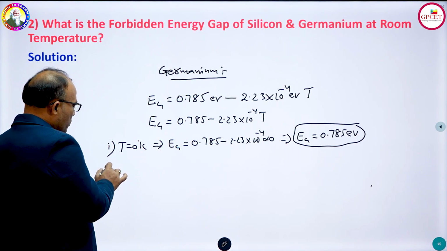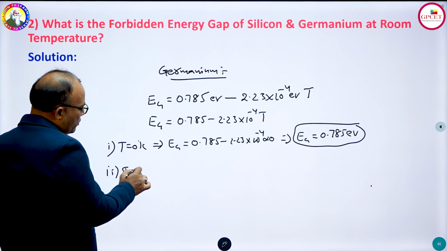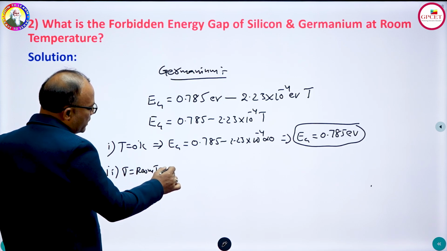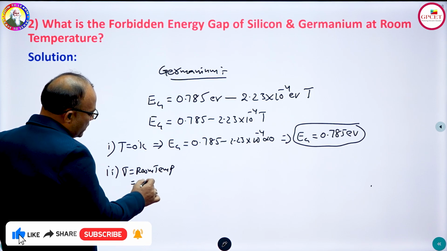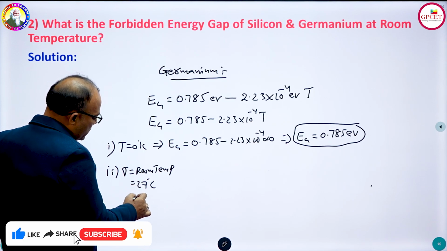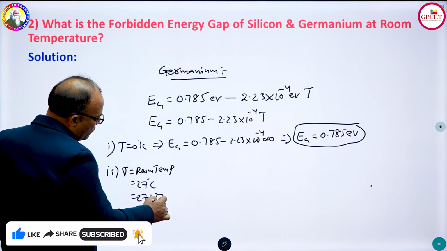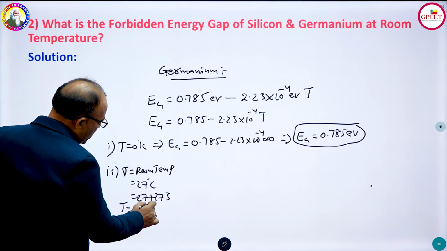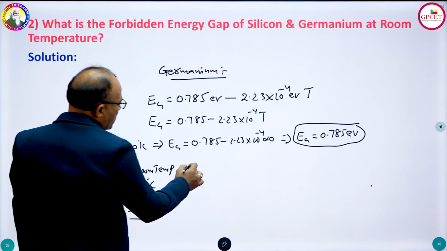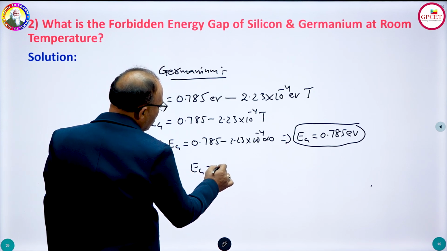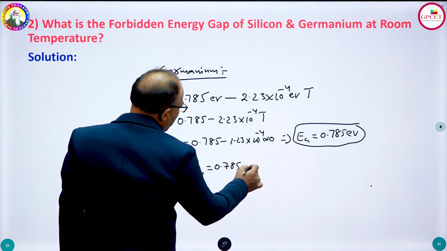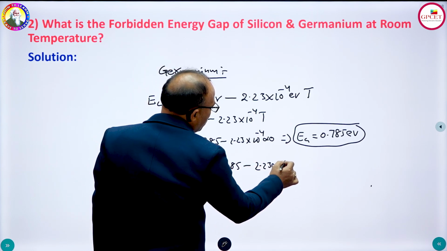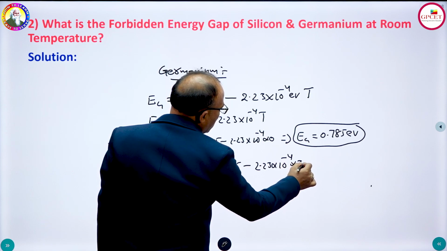Similarly, at room temperature, T is given by 27 degrees C. Convert into kelvins, that is 27 plus 273, then you get temperature T equal to 300 degree Kelvin. So you get energy gap equal to 0.785 minus 2.23 into 10 power minus 4 into 300.